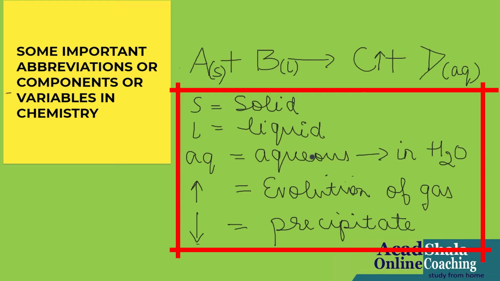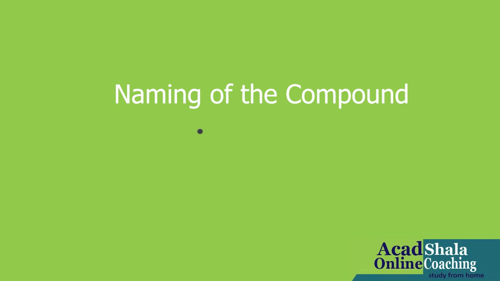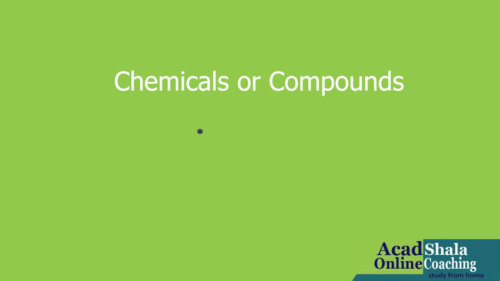Now the next thing which I want to tell you is regarding the naming of the compounds. You must have seen that some of the chemicals, that means the compounds, have a common name also.